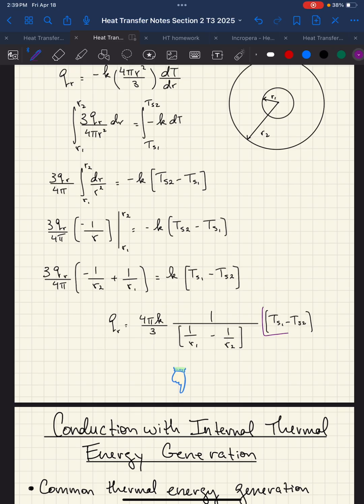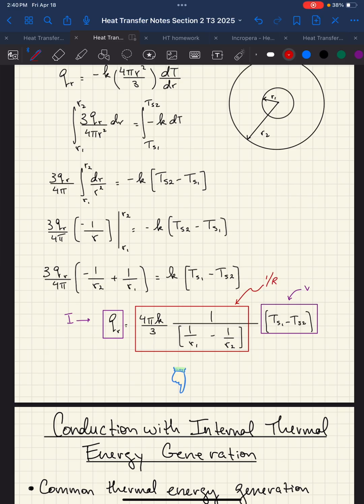This portion over here is like your voltage. This portion over here is like your current. And then this portion basically is like 1 over the resistance.